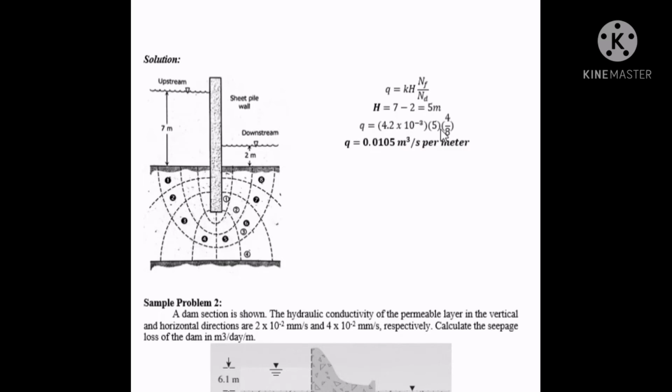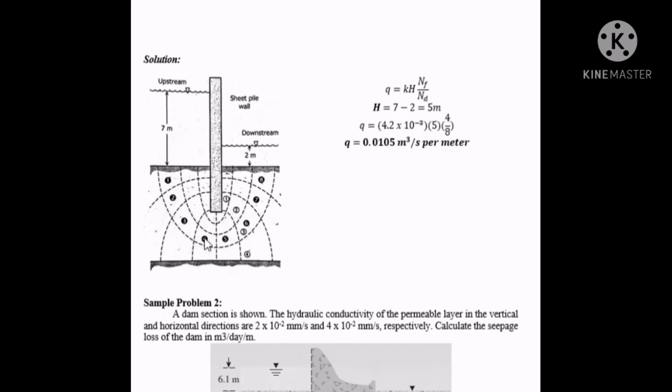And how are we going to determine the number of flow lines? Again, we count the spaces between the flow lines. That is 1, 2, 3, and 4. Therefore, NF is equal to 4. And we determine the number of equipotential lines. So we count again the spaces.